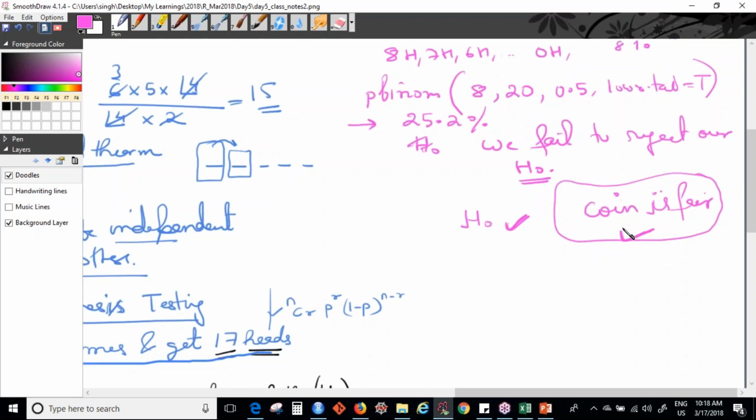We always say that we reject the null hypothesis or we fail to reject the null hypothesis. We never say that we accept the alternative hypothesis. That terminology is not used. Why it is not used, I will give you an example for this. Hypothesis testing is what the judiciary of most of our countries, most democracies at least, work on. So let me give you one example which will make it clear.